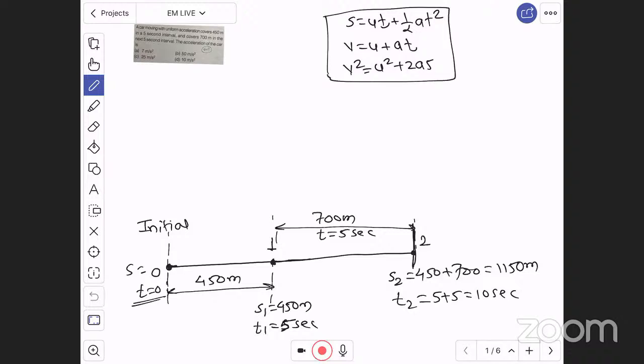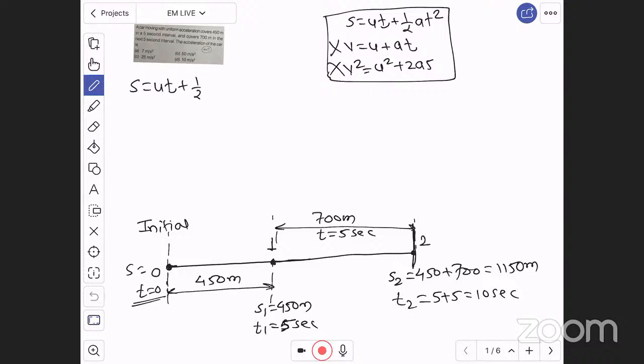Now, in the question, displacements are given. Acceleration is not given. Displacements and times are given. Velocities are not given. My dear students, as velocities are not given, don't use the second and third equations. Therefore, use the first equation, S is equal to ut plus 1 half at square.